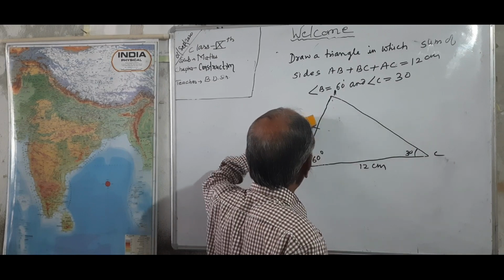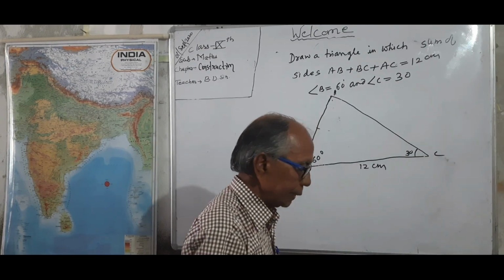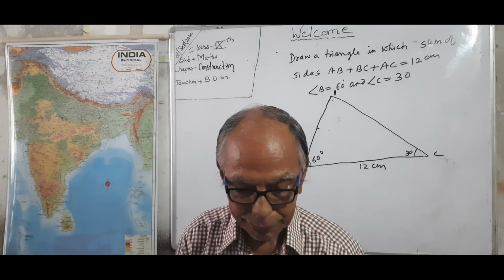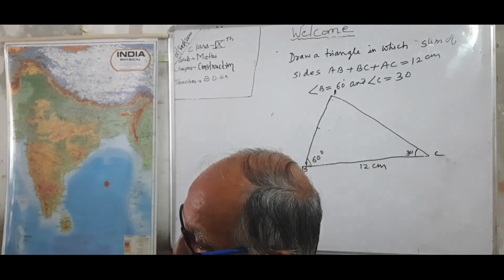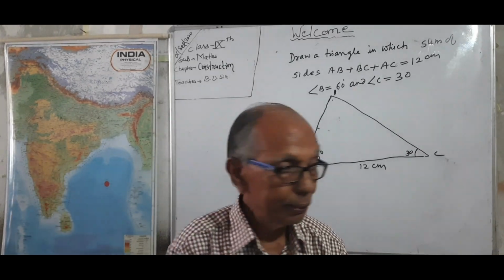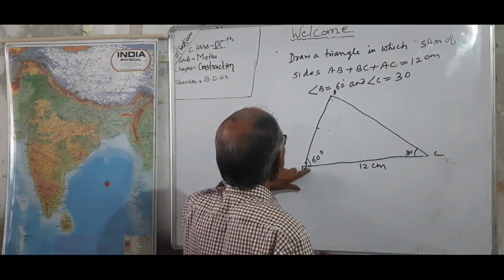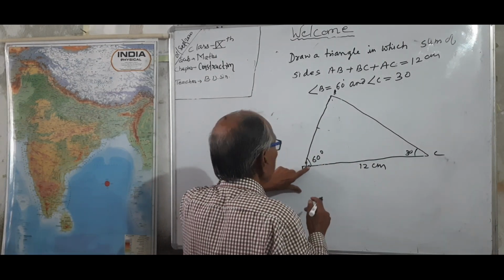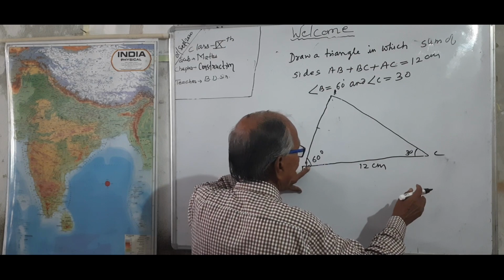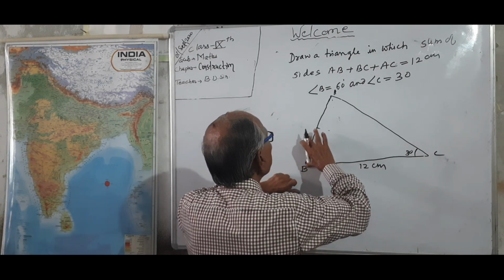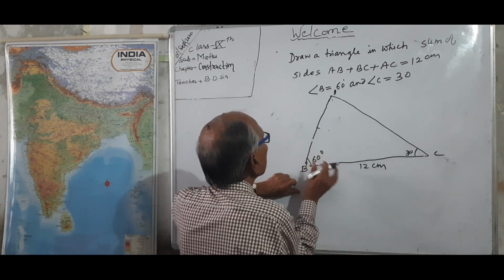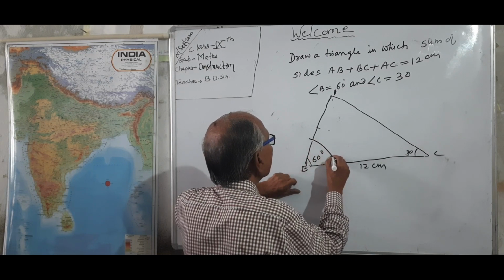First of all, what we have to do: we have drawn the triangle in which the sum of the three sides and both angles are given. Now we bisect these angles of 60 degree and 30 degree also. For this, we draw an arc of any length.